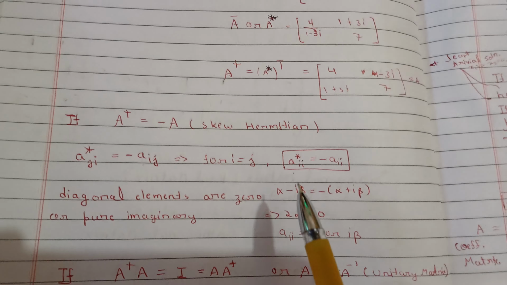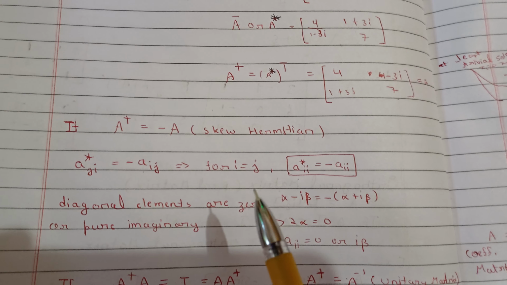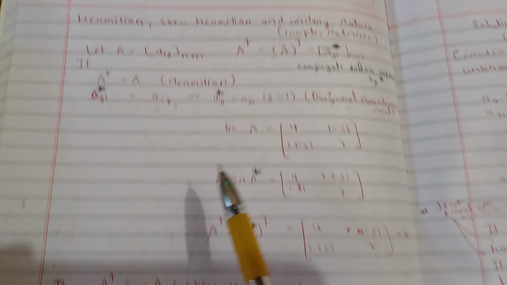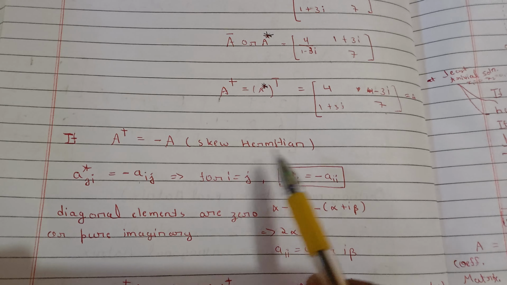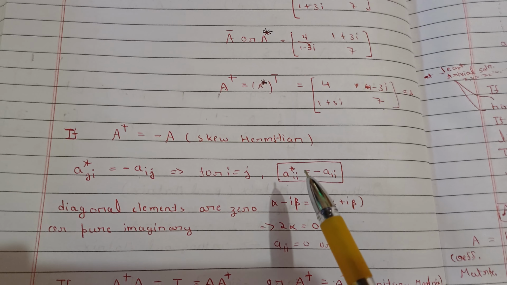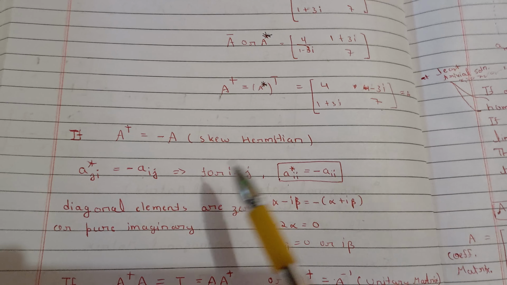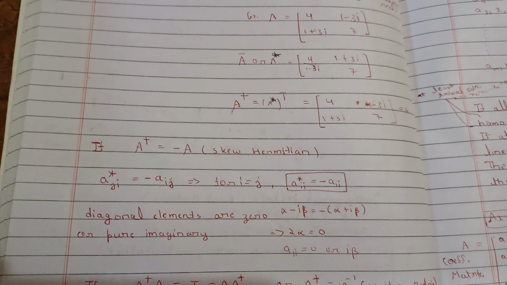Take it like this. If there is no imaginary number inside a matrix, then skew Hermitian will turn out to be skew symmetric, and Hermitian matrix will turn out to be a symmetric matrix. Skew Hermitian will turn out to be skew symmetric, and we know that in skew symmetric the diagonal elements are 0. So here also the real part is 0 but the imaginary part is available.